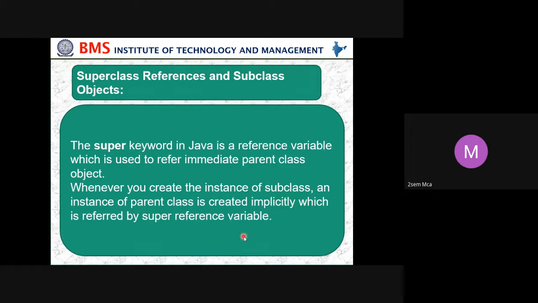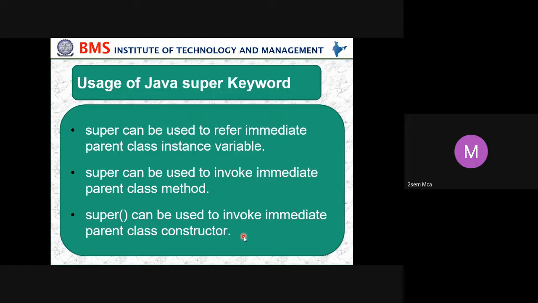Whenever you create the instance of a subclass, an instance of the parent class is created implicitly, which is referred by the super reference variable.